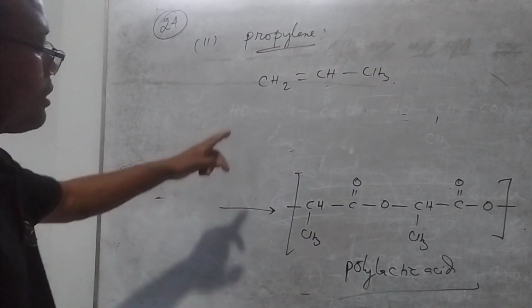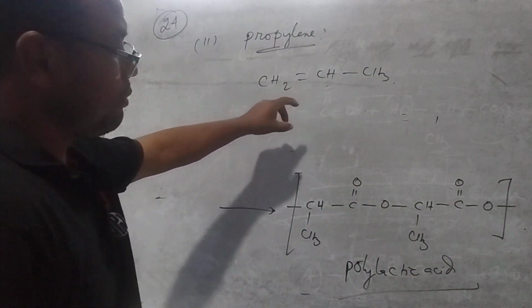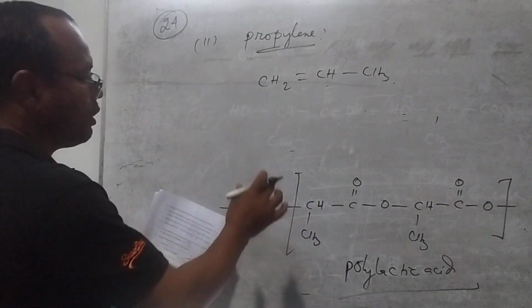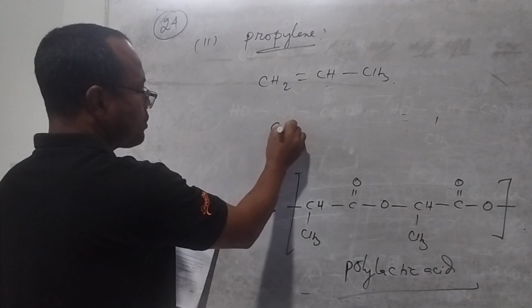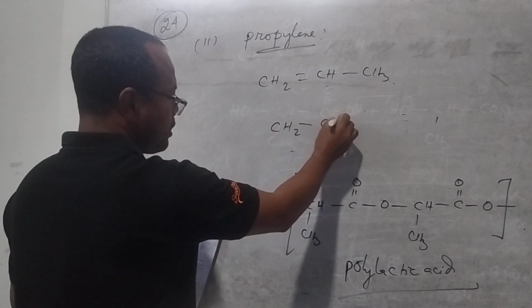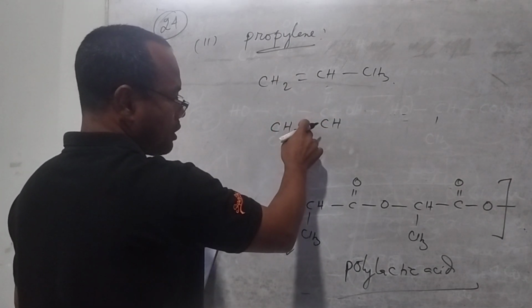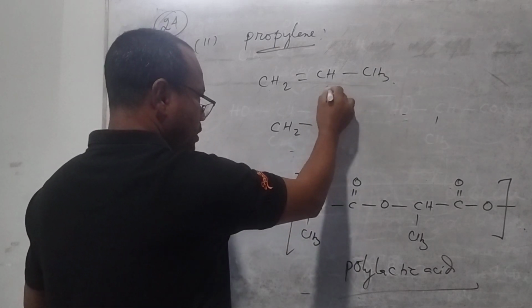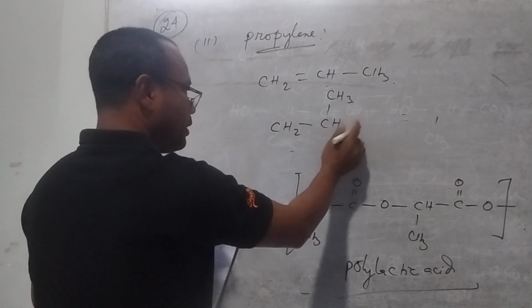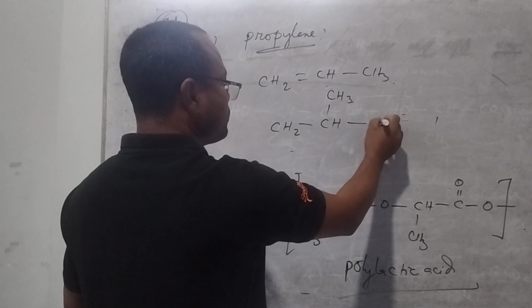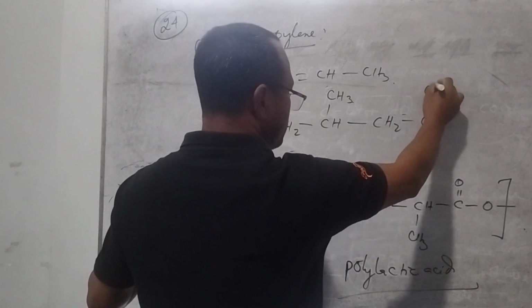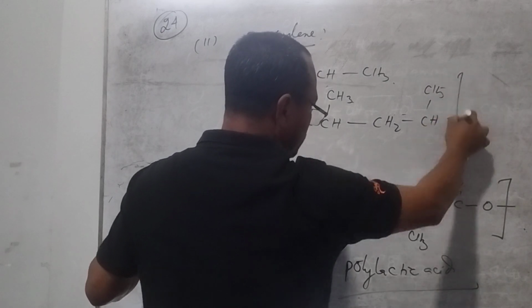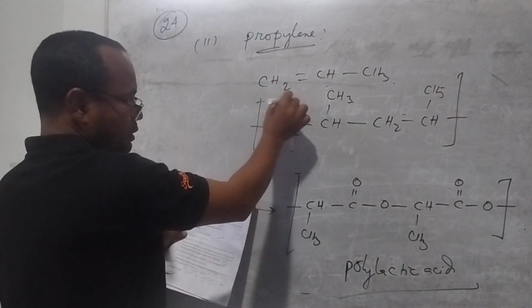Here, this double bond can form the chain. How to write the chain? Let me start from here: CH2, again CH. The double bond is now converted to a single bond. Now let me write CH3. Then again C here, then again CH2, again CH, CH3. Then it forms the long chain like this.